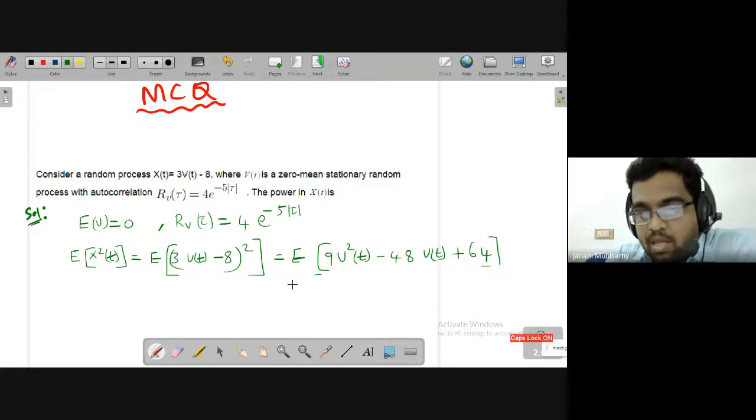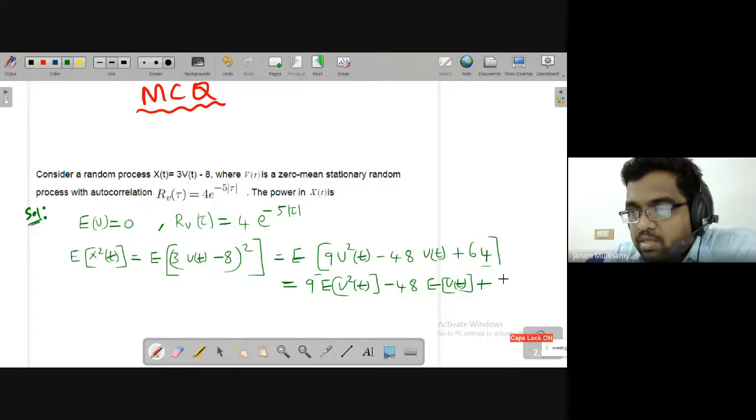We have to apply the expectation operator inside. So 9 times e of v square of t, then minus 48 e of v of t, then you know that expectation of a constant is always the constant, so that is 64.